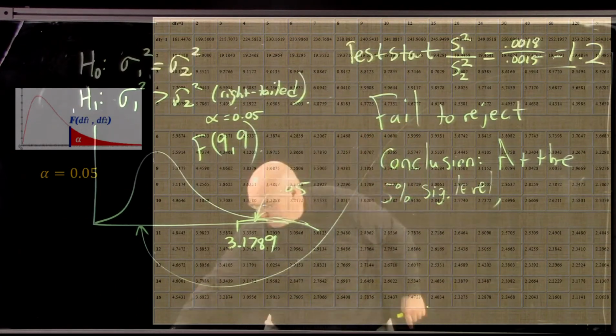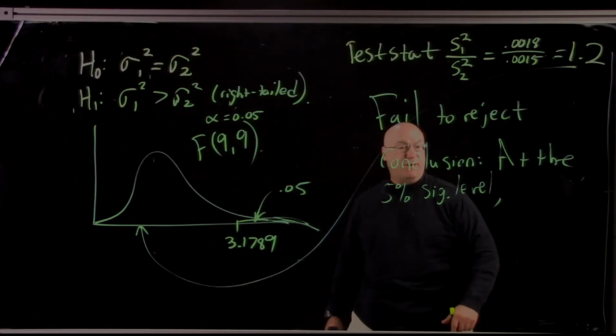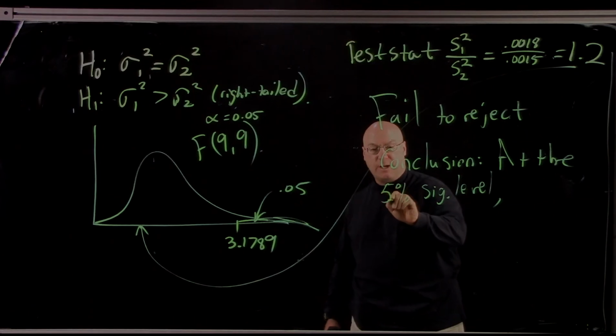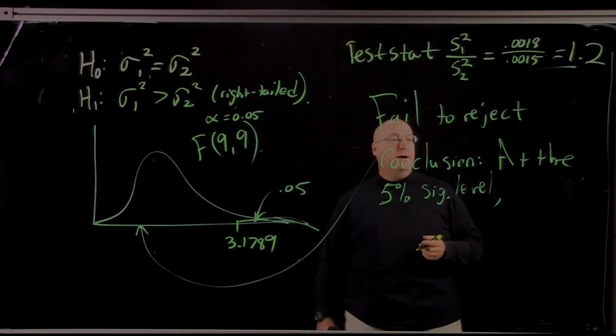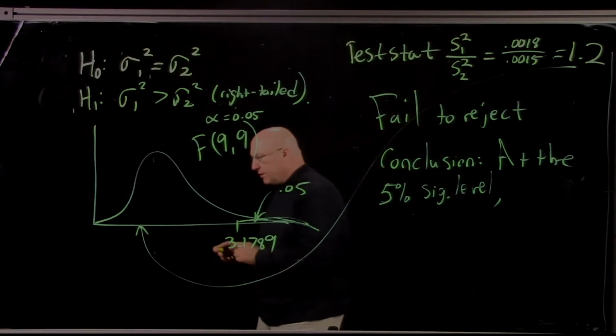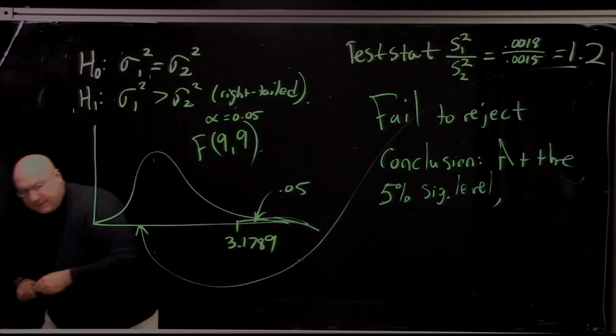And again, let me get rid of my background here. There, sorry. At the 5% significance level, please write it all out. I'm just abbreviating so that you don't have to listen to the squeaks. In fact, let me try another marker. Let's see what this one is.